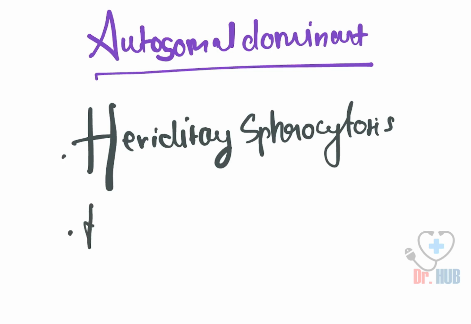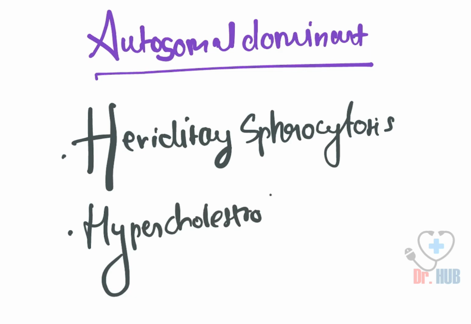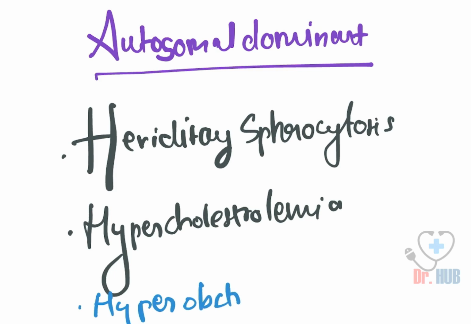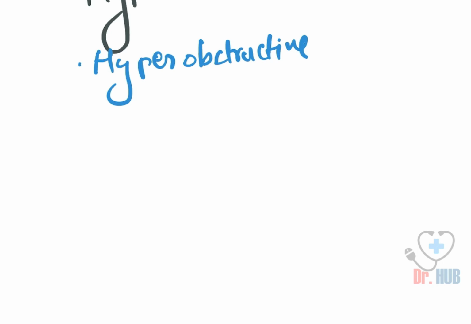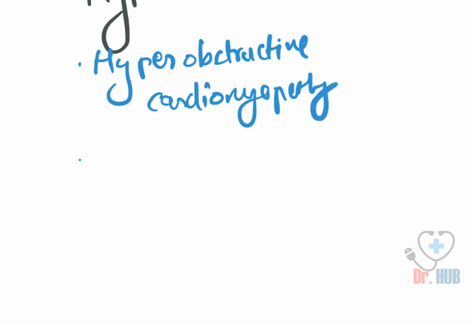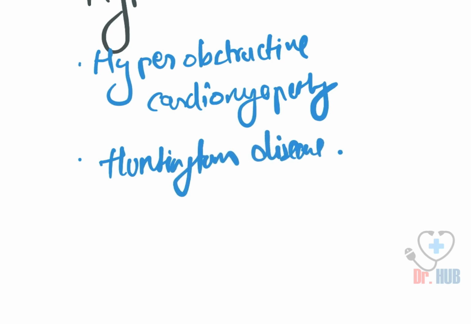Next, it also includes hypercholesterolemia and the hypertrophic obstructive cardiomyopathy, as well as Huntington's disease. So next we look at E: there is the Ehlers-Danlos syndrome.